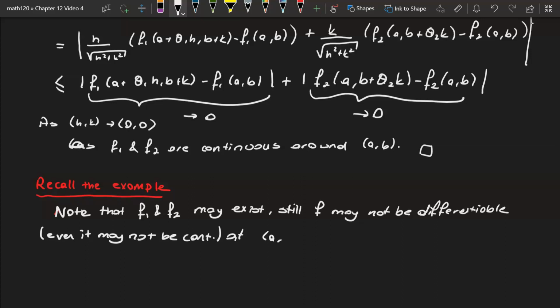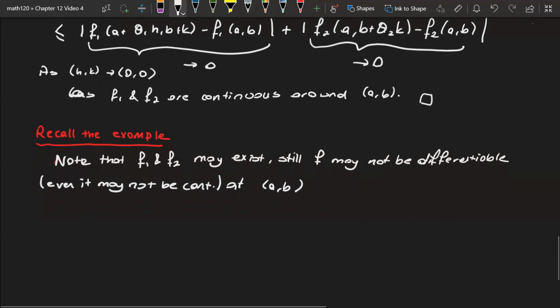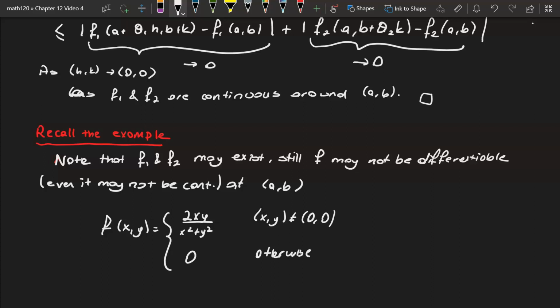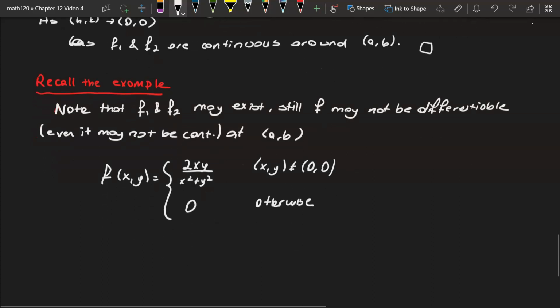For example, the example from last time, f of xy is 2xy over x squared plus y squared if xy is different from 0, 0, and 0 if xy is 0, 0.